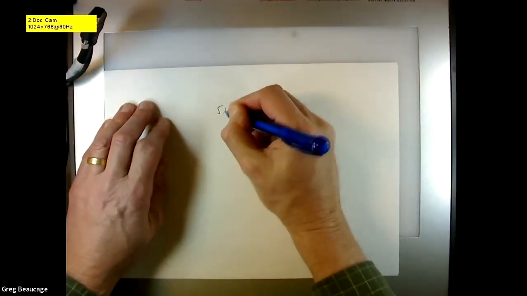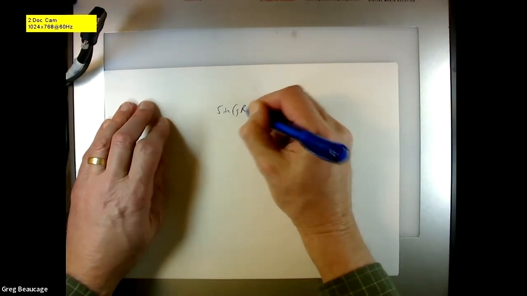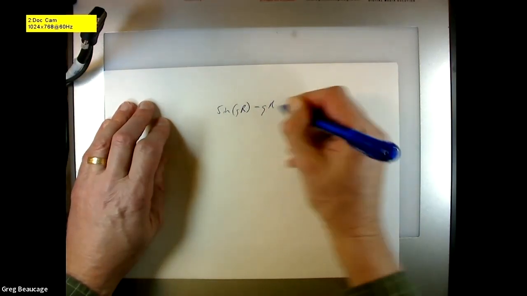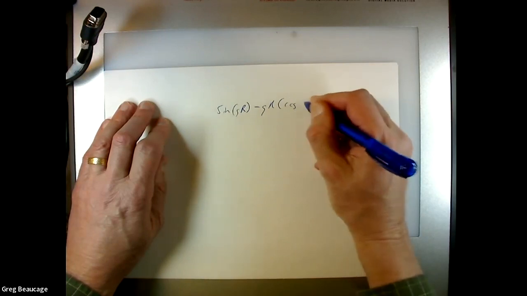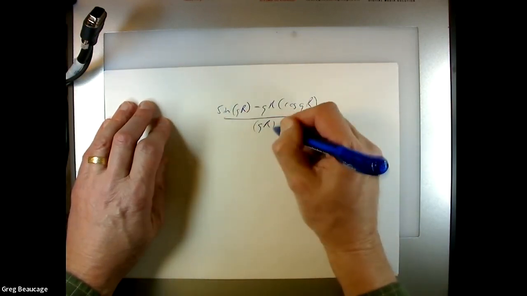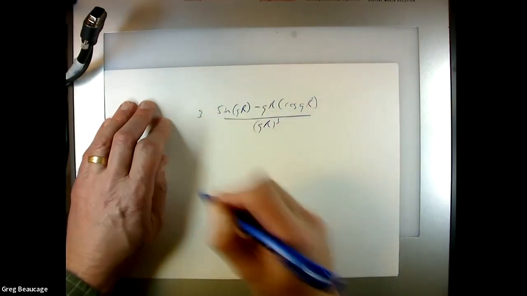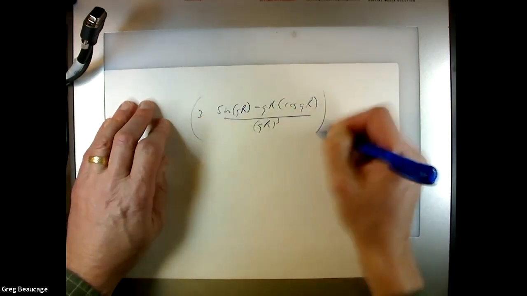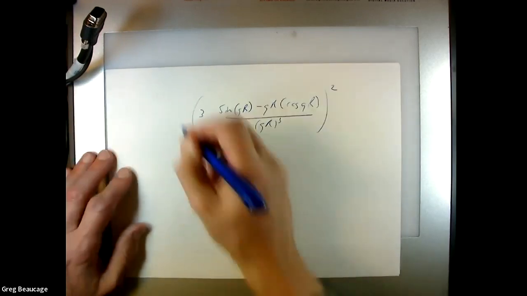So it's sine of Q times the radius of the sphere, minus Q times the radius of the sphere times cosine of Q times the radius of the sphere, divided by Q times the radius of the sphere cubed, times 3. That thing squared gives you the function.